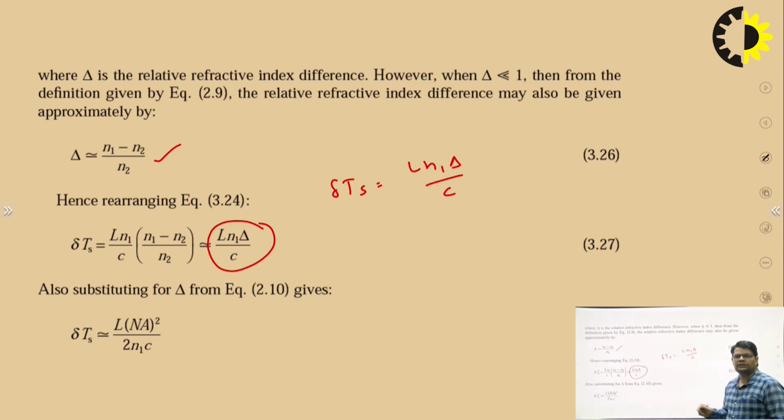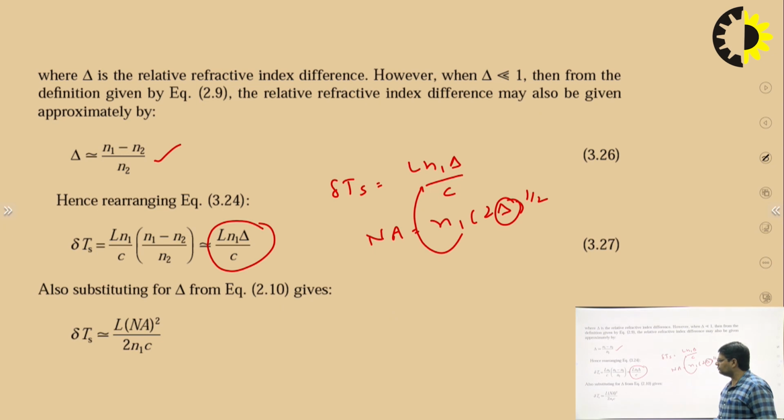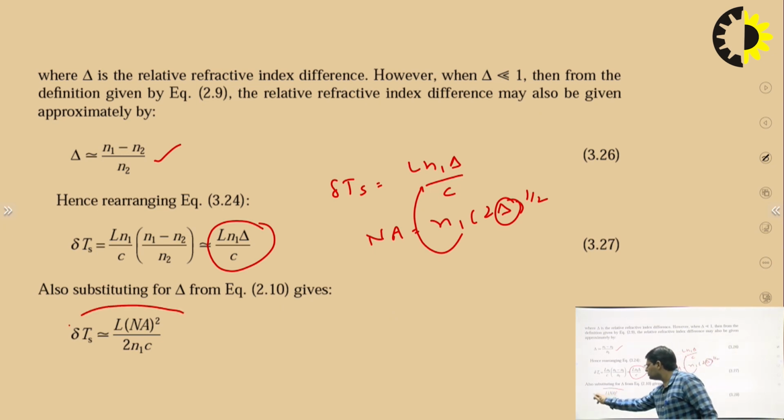We can also represent this propagation delay difference in terms of numerical aperture, because using the formula numerical aperture equals n1 into 2 delta to the power 1 by 2, we can calculate the value of delta and put it in terms of numerical aperture. So that will give this one.